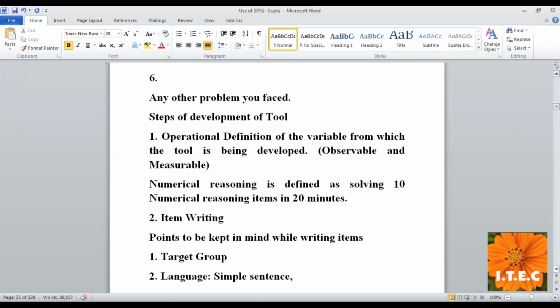Write simple sentences which are easy to understand. Then one sentence should seek only one piece of information. That sentence should not be double-barreled.